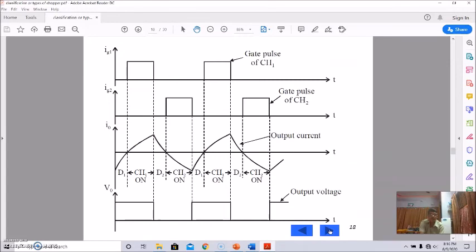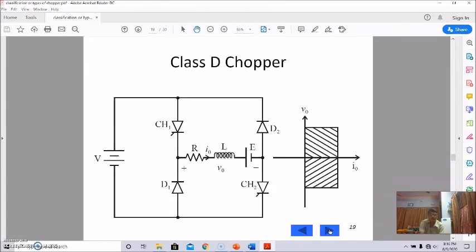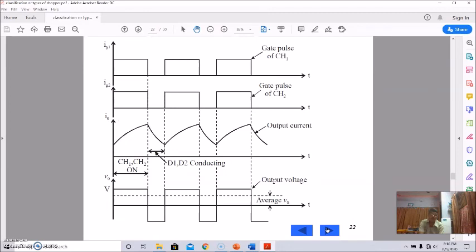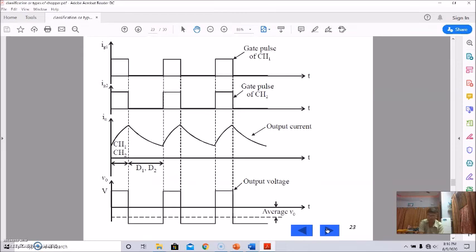That is class C. Then class D operation, its circuit diagram, in which quadrants it is operating and how, what its waveforms should be, the output voltage and output current waveforms, etc. we have discussed.